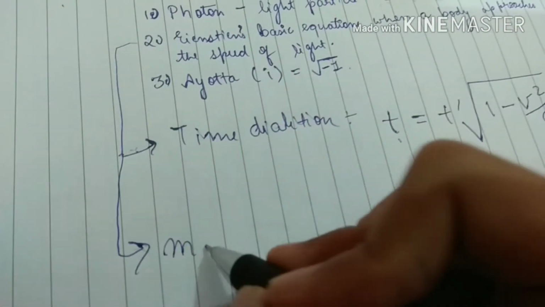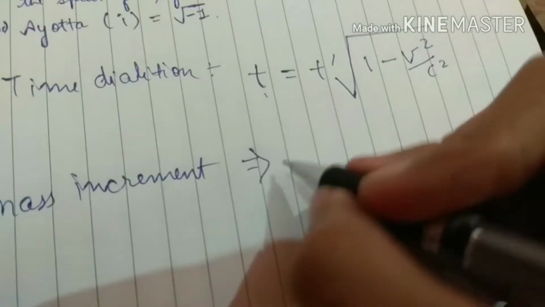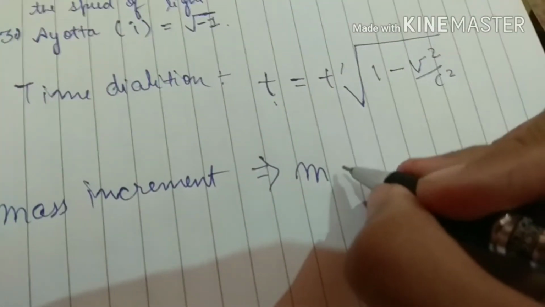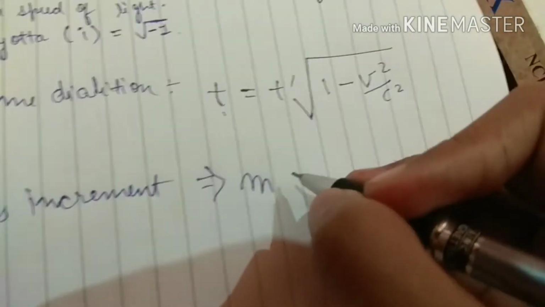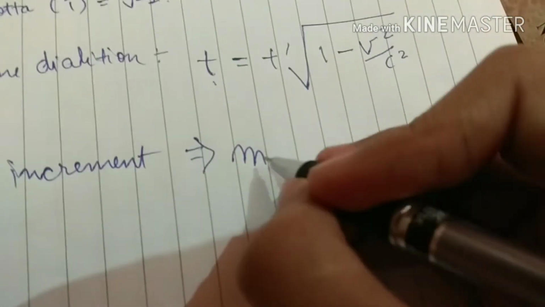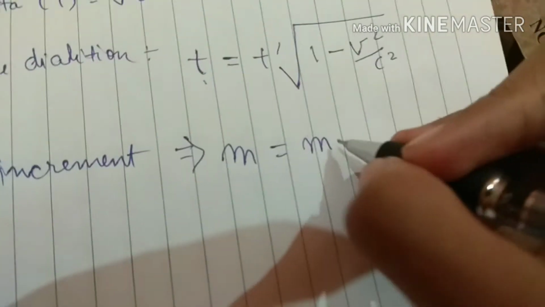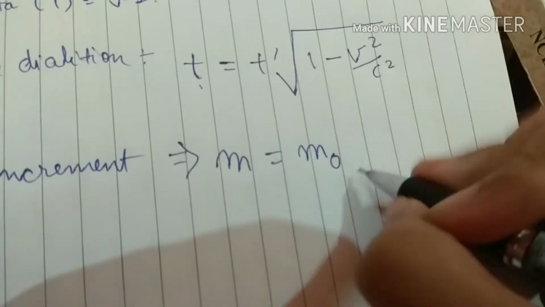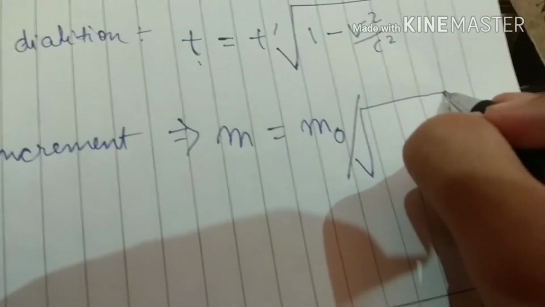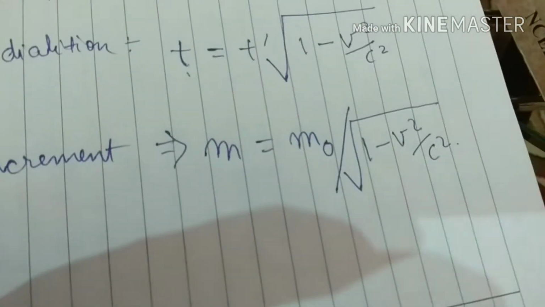And the second equation is of mass increase. This equation is stated as m, the mass of the body that is traveling near the speed of light, is equal to the mass of that object when it is stationary or at rest, divided by under root 1 minus V squared over C squared.